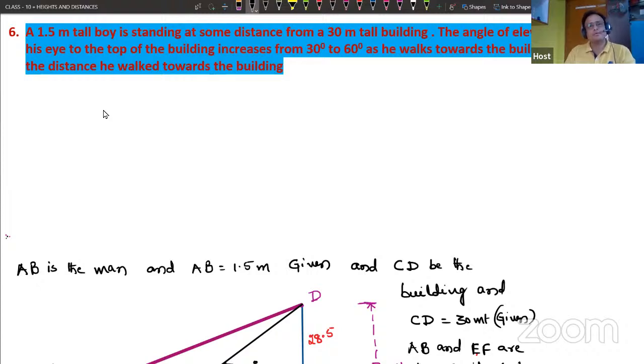Now the question is, the angle of elevation from his eye to the top of building increases from 30 degrees to 60 degrees as he walks towards the building. Find the distance he walked towards the building.